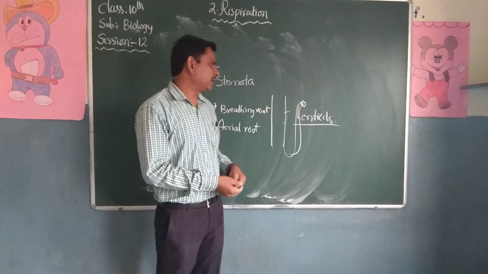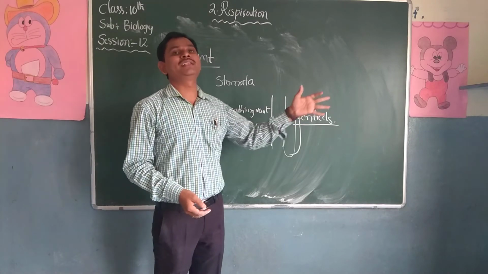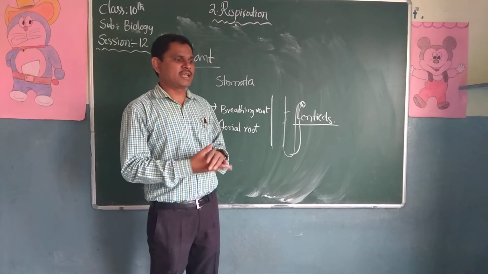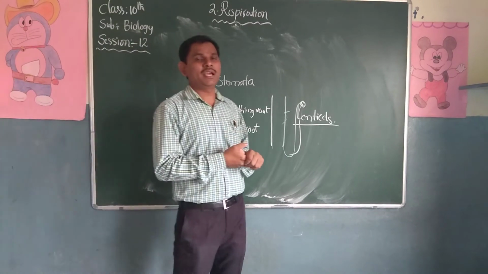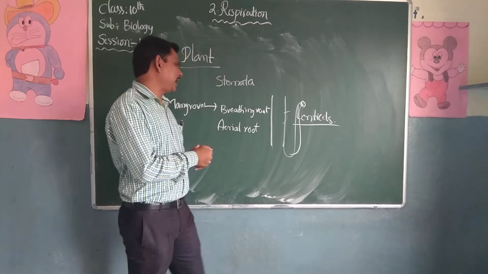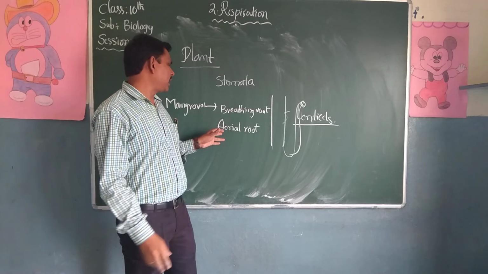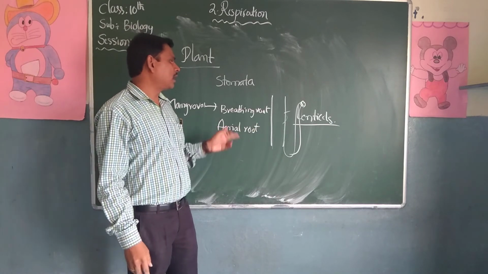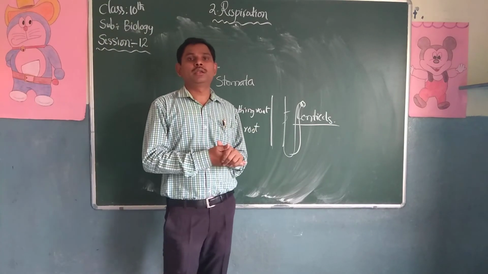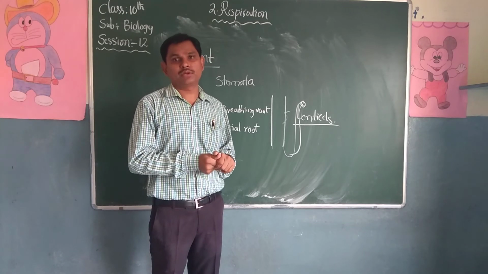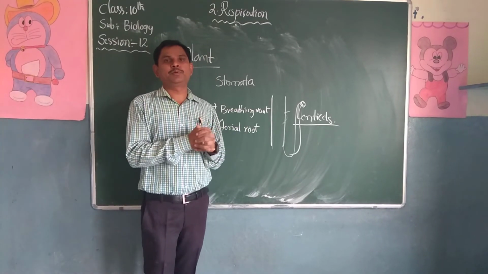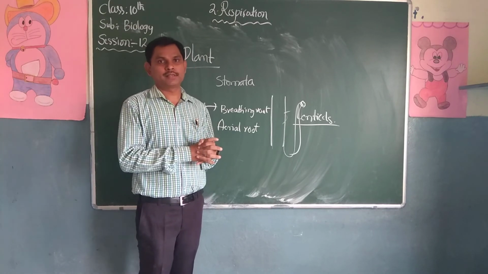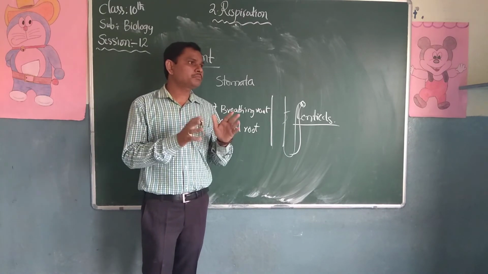If leaves are not there, on the stems they have lenticels, through which gases exchange. If plants grow in muddy areas or seashore, they have special roots called aerial roots, breathing roots or pneumatophores. So this is about respiration in human beings and in plants.